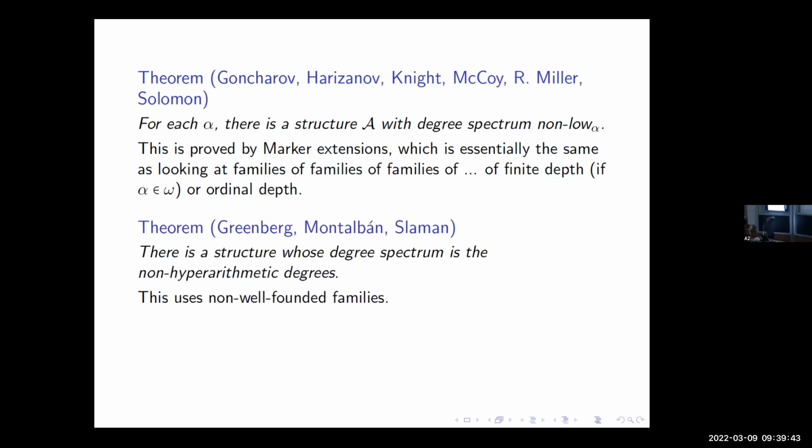So you could even get a degree spectrum which is the non-hyperarithmetic degrees. And what they do here is they take marker extensions along non-well-founded linear orders. What that ends up being is families of families of families, but it's not well-founded. You can have infinite depth nesting of families.